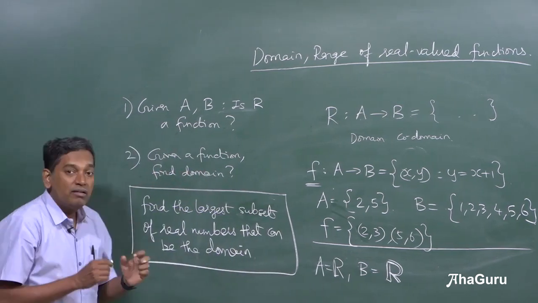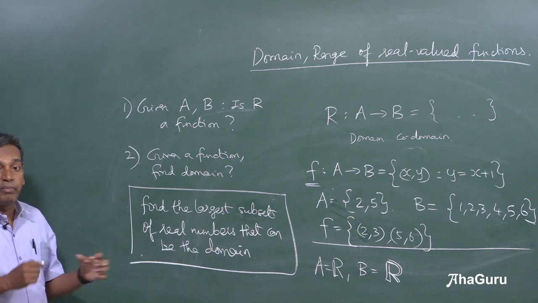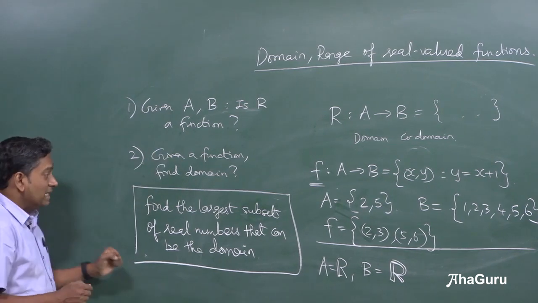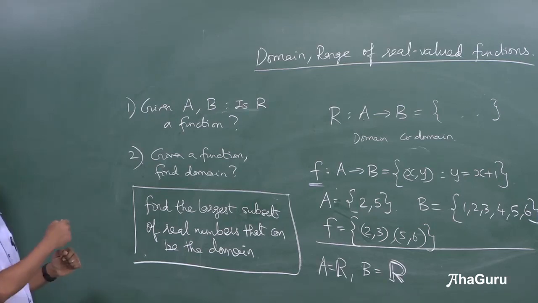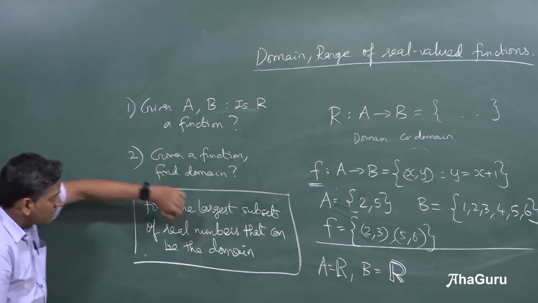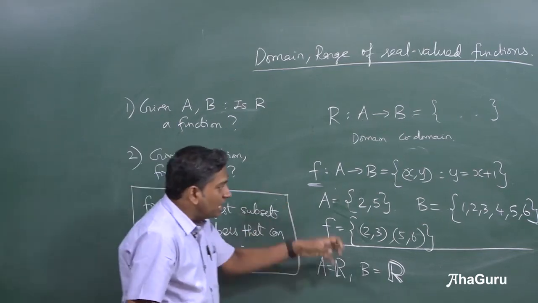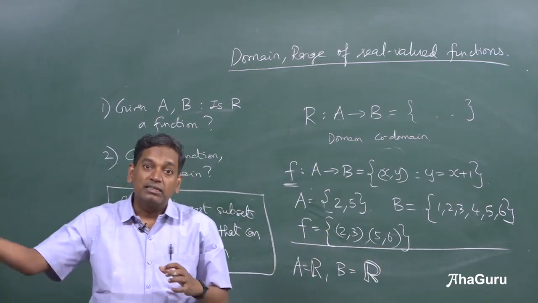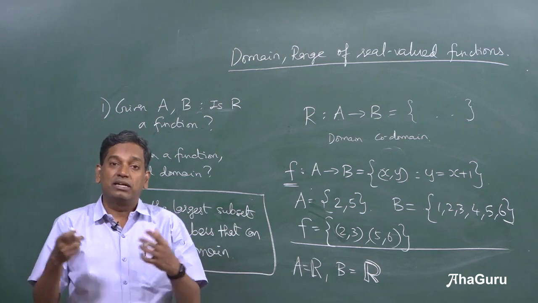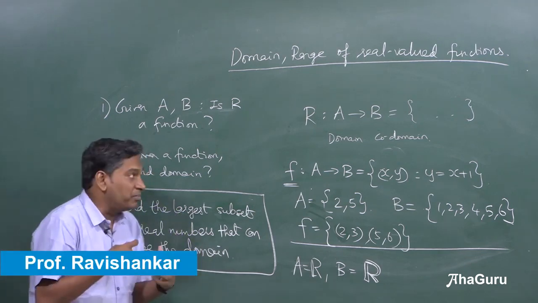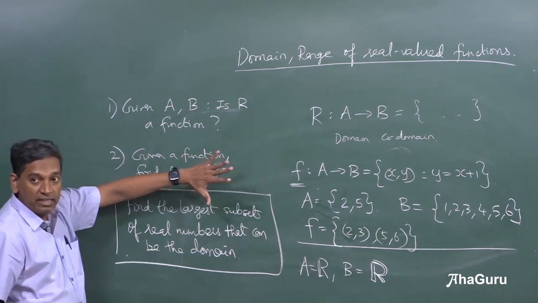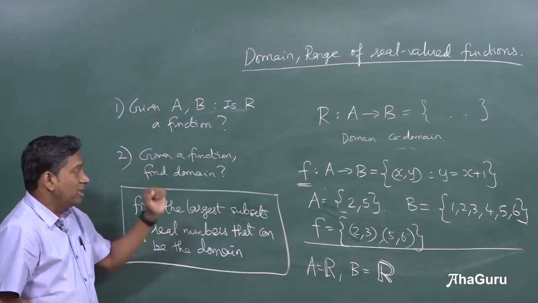This is one very important idea to keep in mind when finding the domain. And if the range is asked, the range that is asked for is for this largest subset of real numbers: what is the range you get? That is really the question that is asked, and that we should keep in mind when we are asked to find the domain or find the range for a function.